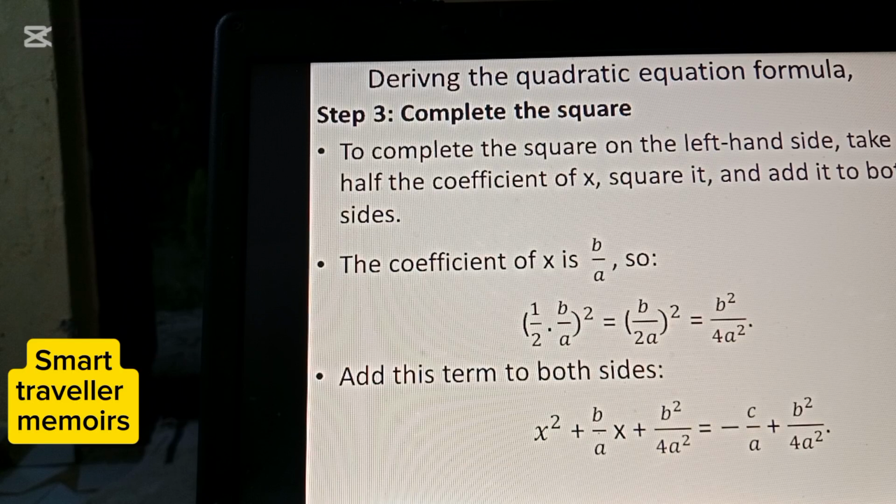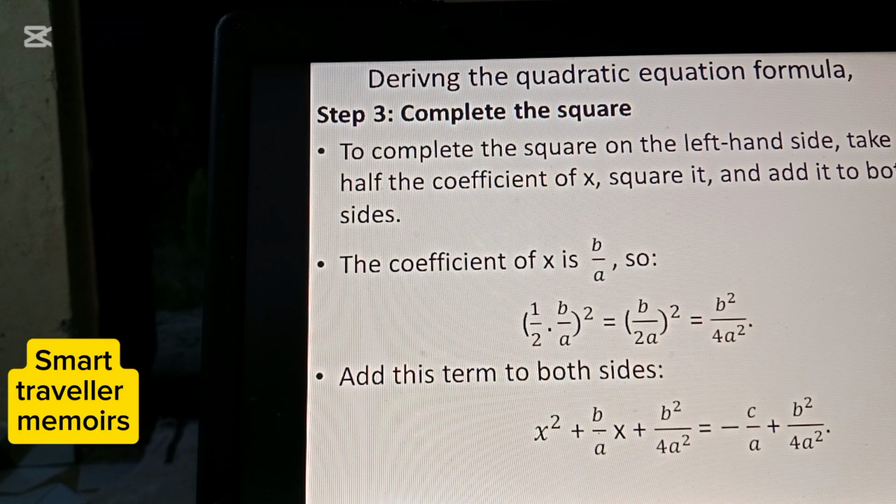Step 3 is now you complete the square. To complete the square on the left-hand side, you take half the coefficient of x, square it, and add it to both sides. So let's do that. The coefficient of x is b over a. So if we square half of it, we will have half of b over a, squared.